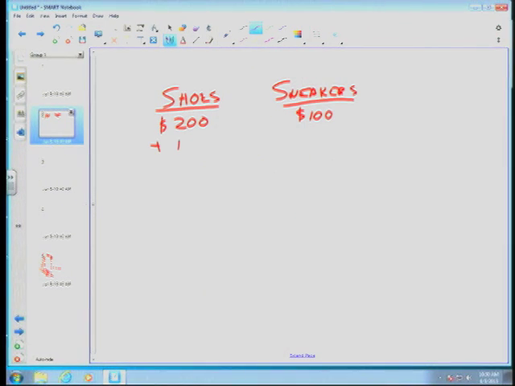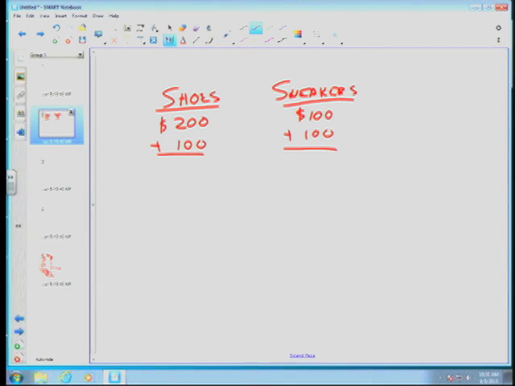Okay? But let's say that the price of both of these goods go up by $100. If we cared about absolute price, we would say we would buy less sneakers and less shoes. Okay? But when both prices go up by $100, one of these becomes relative to the other more expensive, and the other one becomes cheaper, meaning one of them we have to sacrifice more of the other good to get it, and one of them we have to sacrifice less of the other good in order to get it.